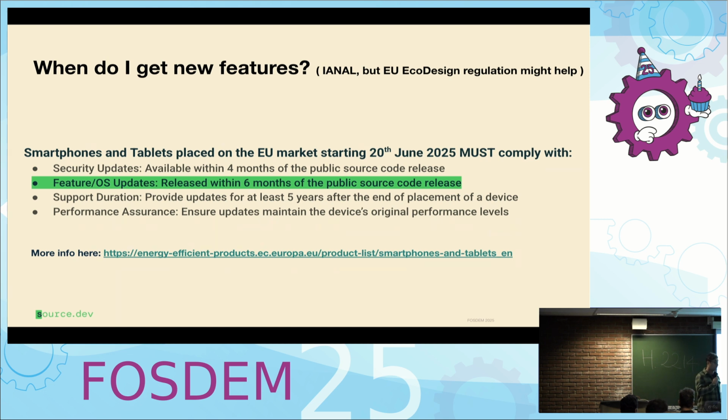Point of placement for some devices could actually mean 7 years of updates. And there are some companies that have already made some announcements in that direction. But there's something that explicitly says that features or OS updates need to be released within 6 months of public release. So I'm not a lawyer, but I'll let you interpret that, and you have a FAQ here that talks more about it and gives you a link to the law.